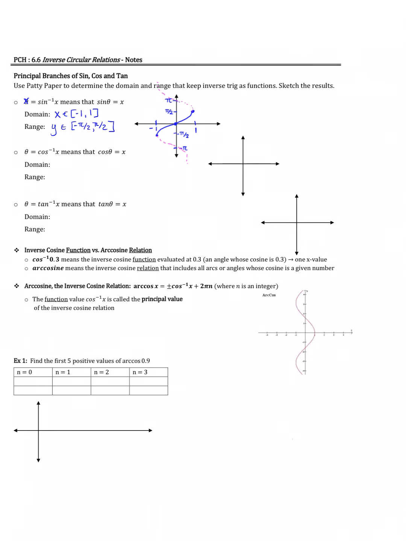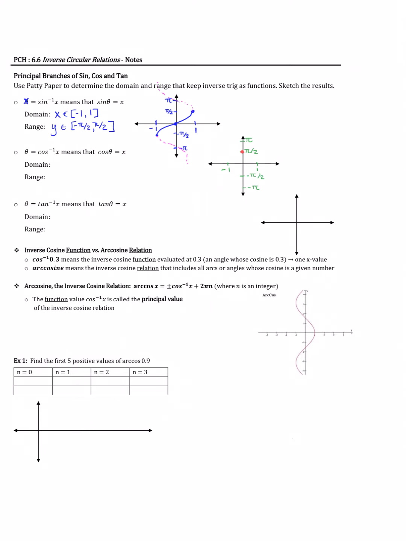Let's look at your inverse cosine. So same labeling. Here's -1, here's 1, here's pi over 2, and pi. We could do -pi over 2, -pi. So we know that at pi over 2, cosine is 0.